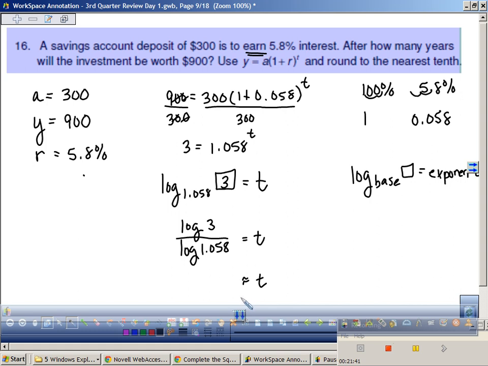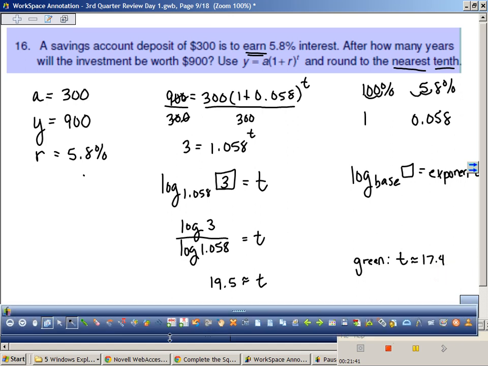Which one is this? $19.5. And it said round to the nearest tenth. So that's the blue. On the green, T is about 17.4.